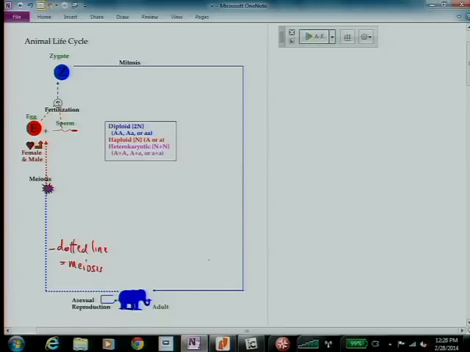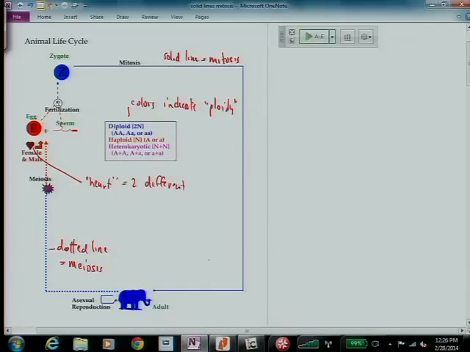Make sure I made all my notes. So this is solid line equals mitosis. And colors indicate ploidy, whether haploid or diploid. And the heart equals two different individuals come together.